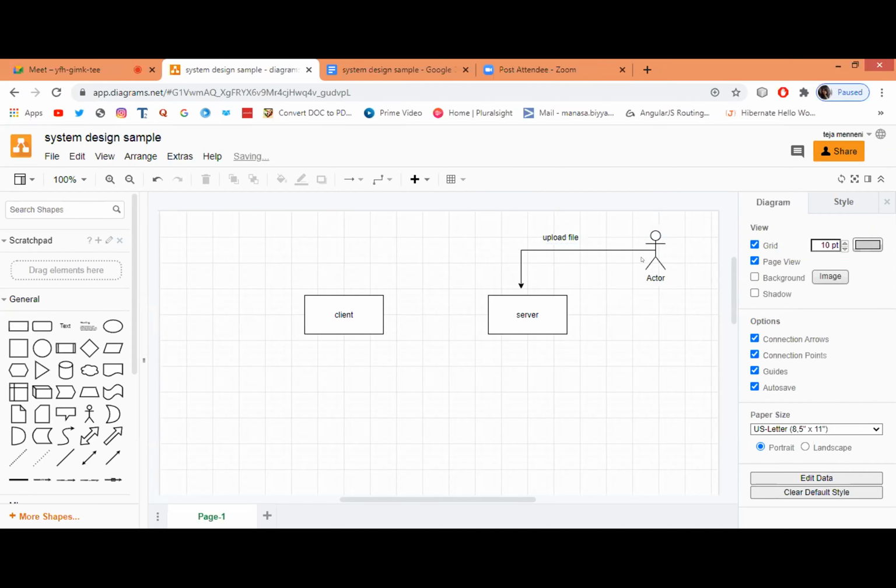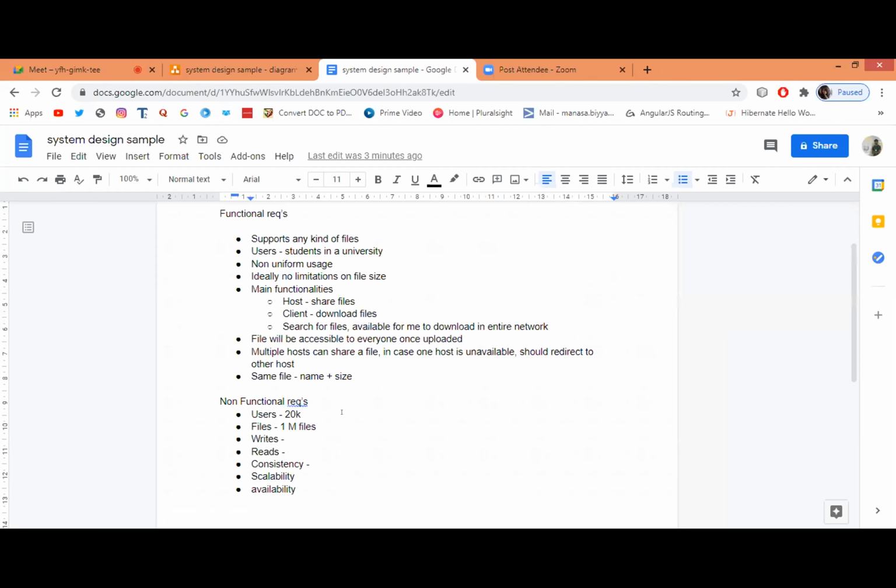This is my local system, and I want to share this file with the rest of the users. Let me write this: write path.